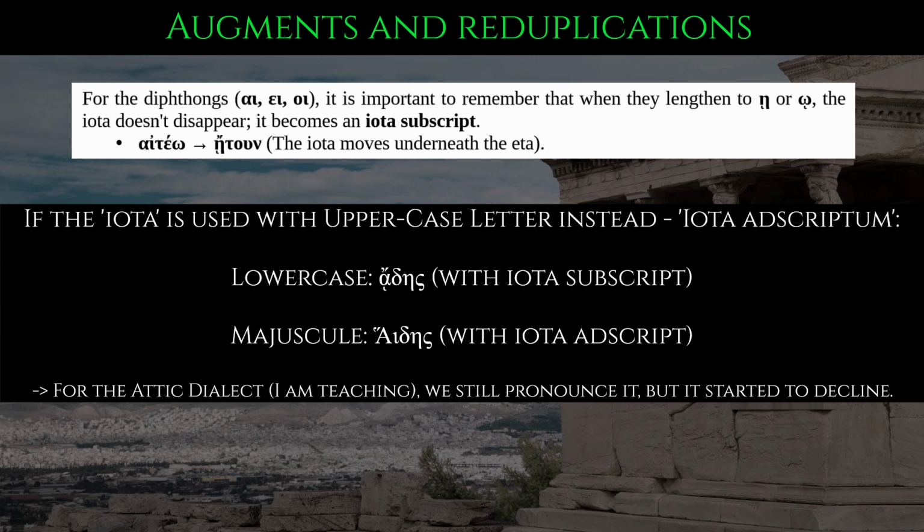So, starting with the lowercase, we have aides. Here, the alpha has an iota subscriptum because it is underneath the alpha. If, however, we have a capital alpha, a so-called majuscule, we have still aides, but, as you notice, the iota subscriptum is now an iota adscriptum because it is no longer underneath, but to the right of, in this case, the alpha.